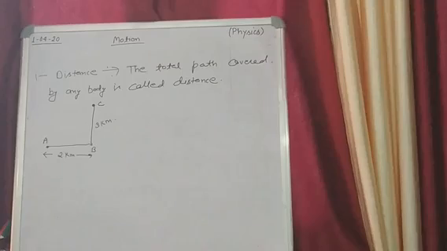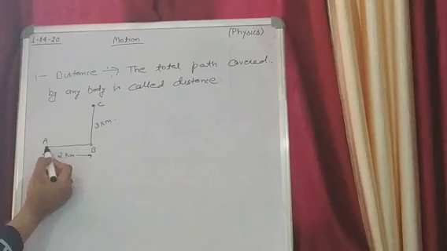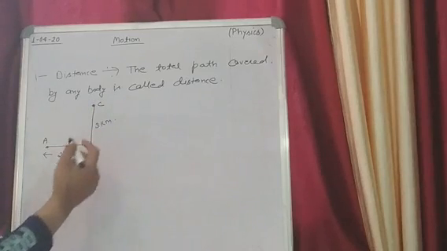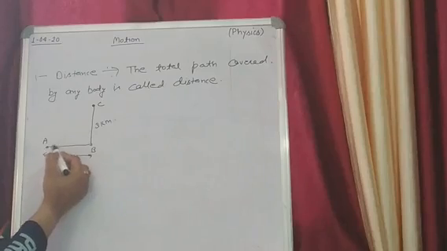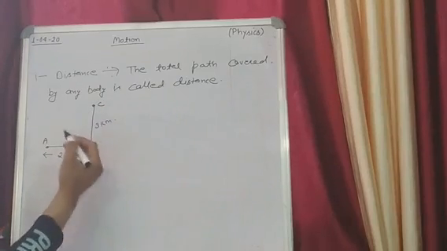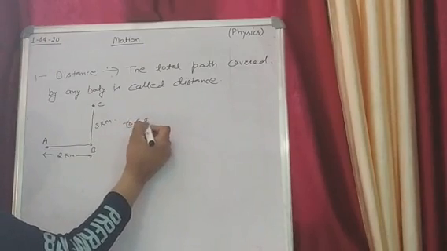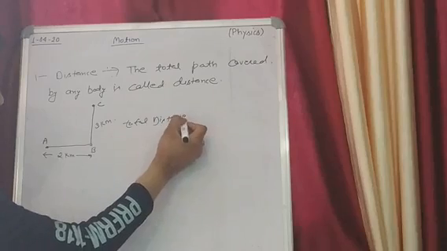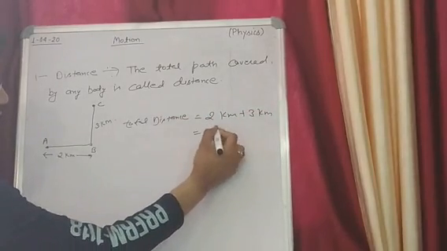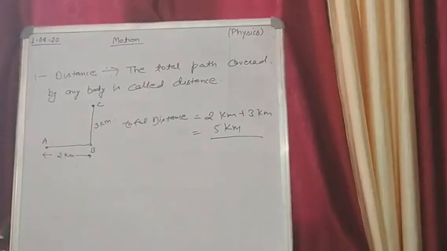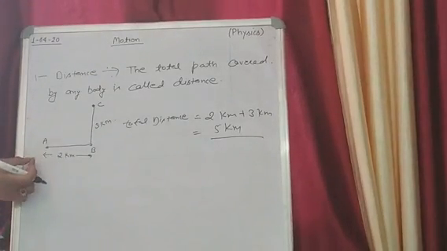Okay, then in this case, what is the distance covered by me? That is A to C. Okay, at first I was at A. Now what is my final position? That is C. Okay, then what is the total path covered by me? A to C. At first I move A to B, that is 2, then after that 3. Then the total distance covered by me is equal to 2 km plus 3 km. That is 5 km. Okay, then the distance covered by me is 5 km.